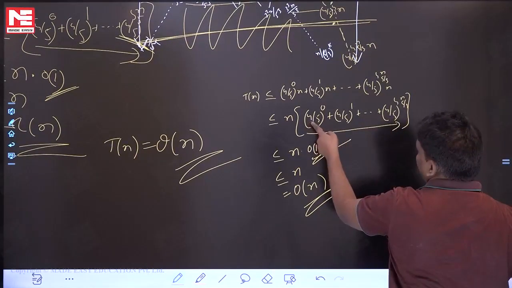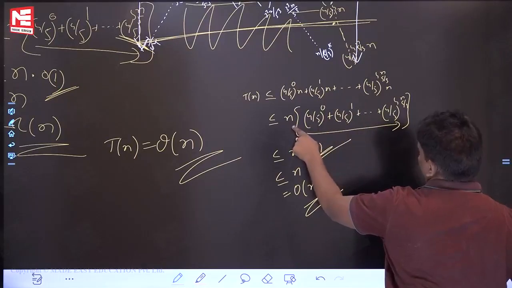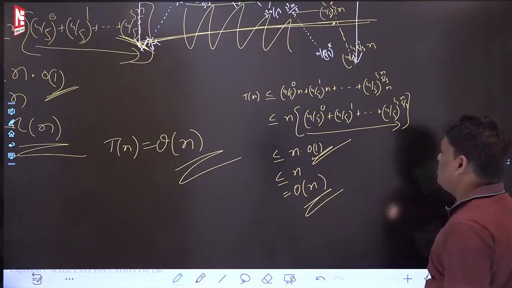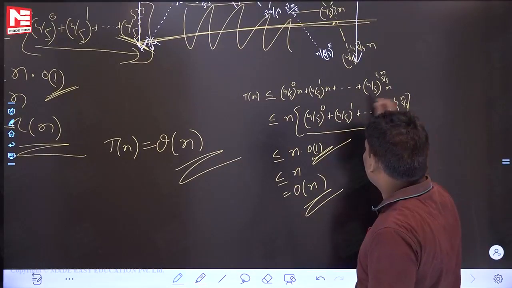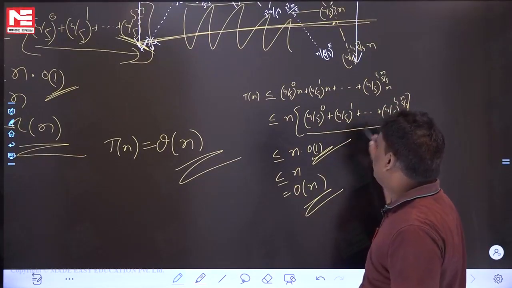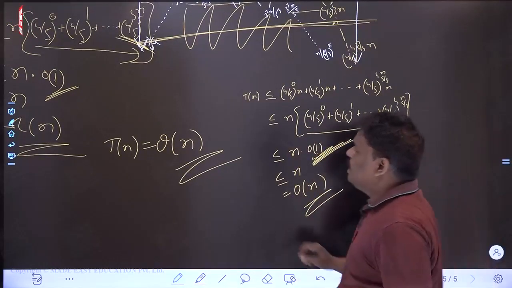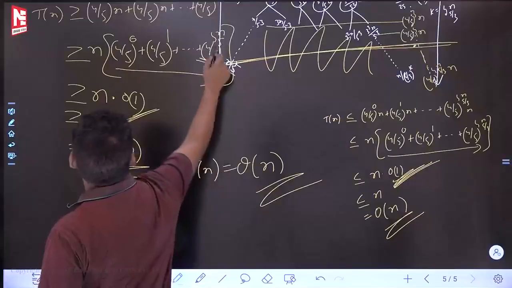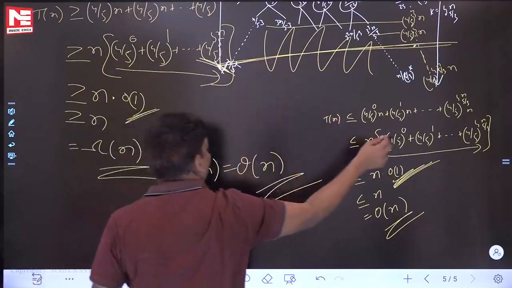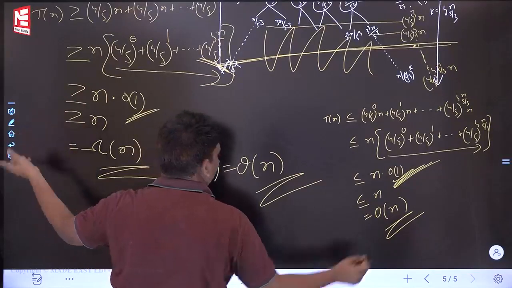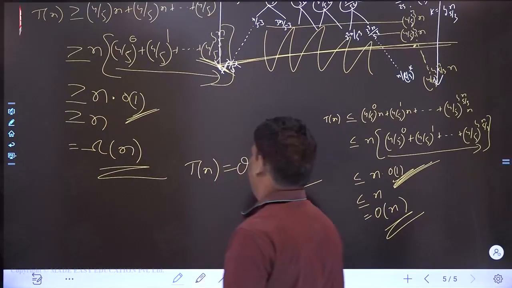In the previous class I told you about the decreasing GP series, meaning GP series with R value less than 1. If you solve a decreasing GP series, the total becomes one constant, so n into constant. Here also n into constant, but this series contains very few terms, this series contains more terms. Here a bigger constant will come, here a smaller constant, but they differ only by a constant, so theta.